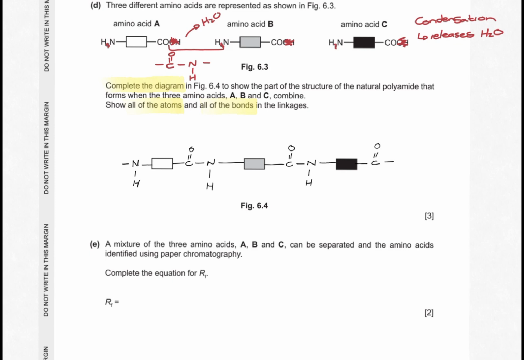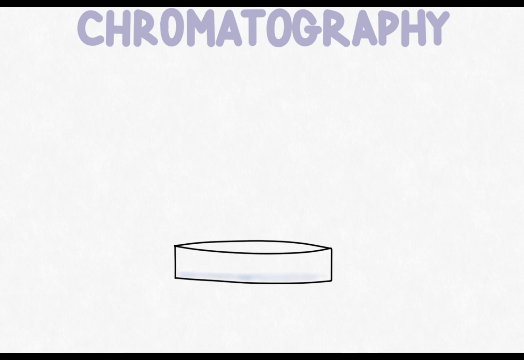Then they say a mixture of 3 amino acids A, B, and C can be separated and the amino acids identified using paper chromatography. Okay, so let's quickly go through the basics of chromatography. So when we do chromatography, we always start with a solvent. Now the solvent in our example will be water, but this could be any type of substance.